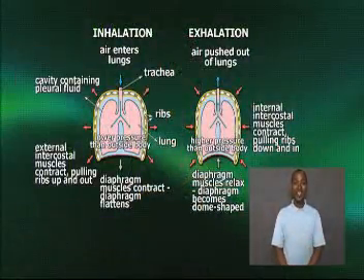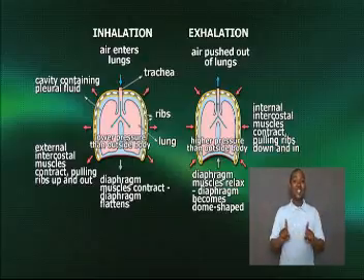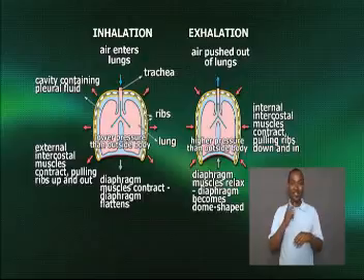Hello again. Breathing movements change the air pressure in the chest, which results in air moving in and out of the lungs. The movements of the diaphragm cannot be seen. However, the movements of the rib cage can be seen and felt.